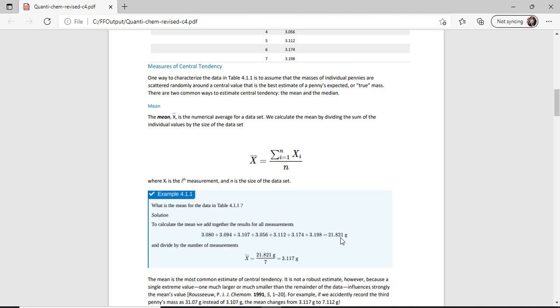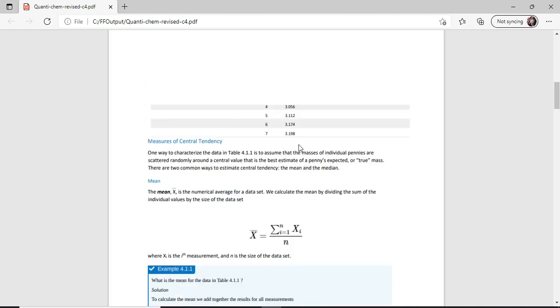Okay, then divide mo lang sa total numbers sa imo nga penny. So you have 7 as your total nga number. So 21.821 grams divided by 7, you will have the mean for your data for around 3.117 grams. So that is the mean of your measured data.